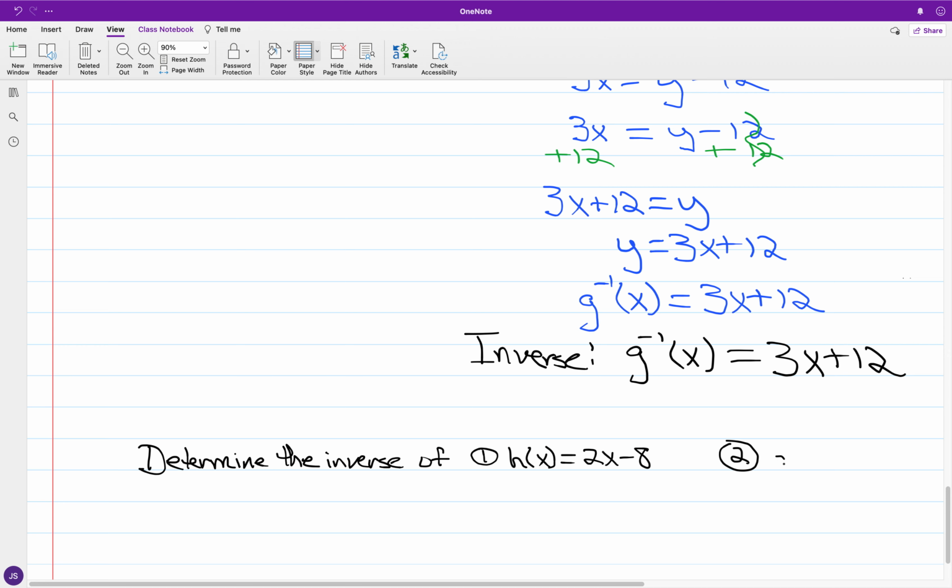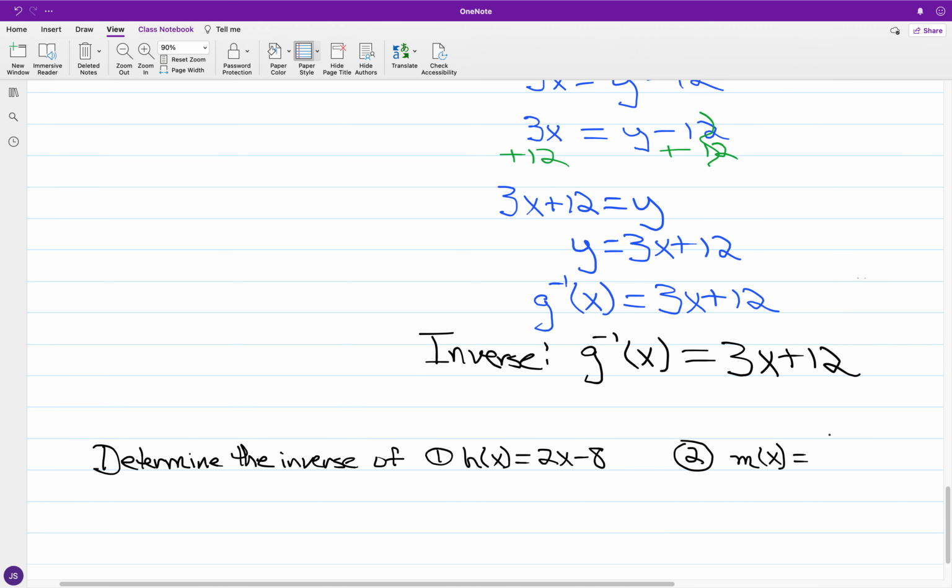Then after that, let's see what we get for m of x is equal to x minus 7 all over 3. In other words, 1/3 of x minus 7/3. So let's see what we get for the inverses of these particular functions.